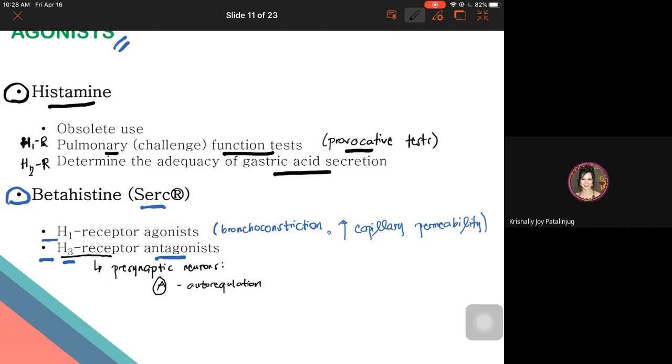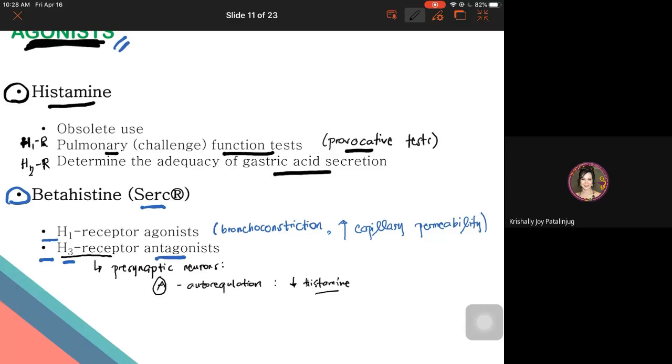Again, kung histamine 3 receptor activation, not antagonist ha, kung activation, diba, there is auto-regulation. Ano yung effect kapag auto-regulation? Decrease ang histamine levels. So kung mababa yung histamine levels kung activation, that's a negative histaminergic activity. Okay? That is not part of agonistic property kung mababa yung histamine.